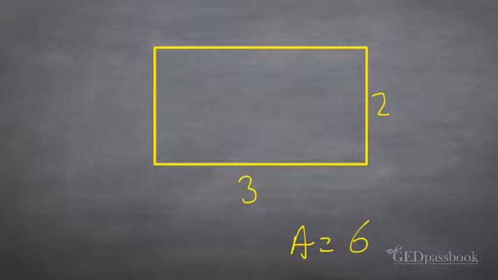But other than the square and rectangle and even the parallelogram, the triangle, the trapezoid, the circle, or any other sort of shape, you do need to refer to a formula. You have to put the data into the correct variable of your formula, push enter, and then spit out the answer.